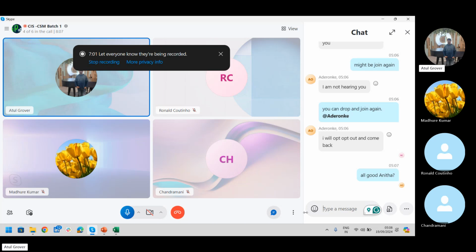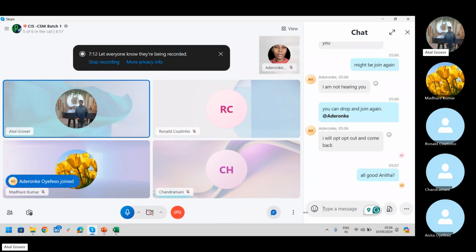So CSM, number one, there is no concept of end user. Number two, CSM is a process, a way to handle the customer or consumer query before, during, and after sales.